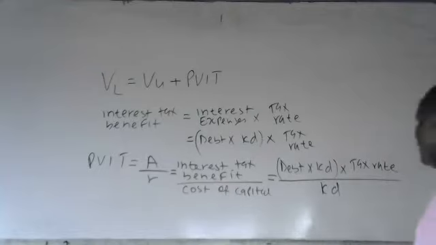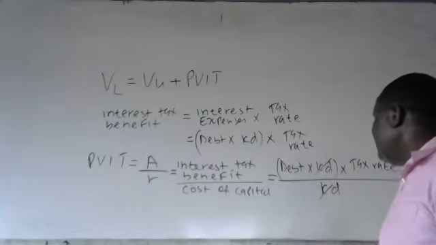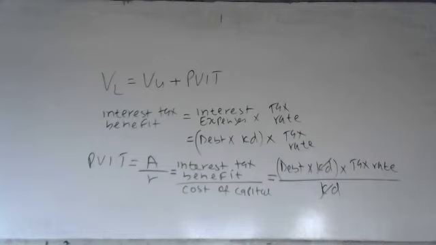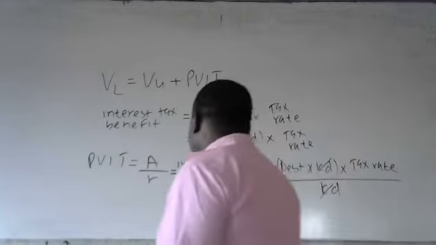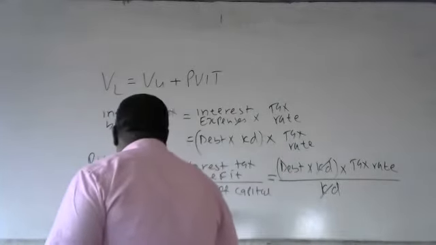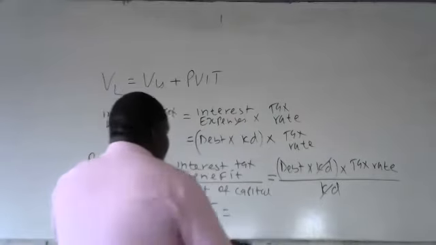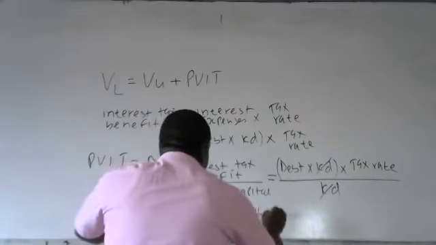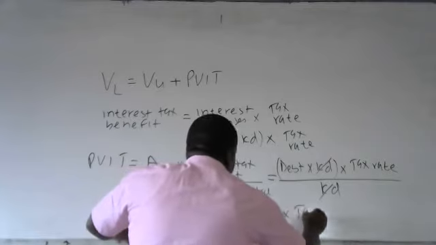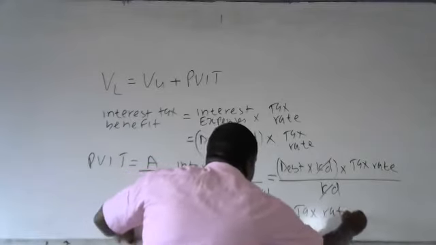So finally, those two KDs will cancel off, so that when computing the present value of the interest tax benefit, we simply take the debt multiplied by the tax rate.